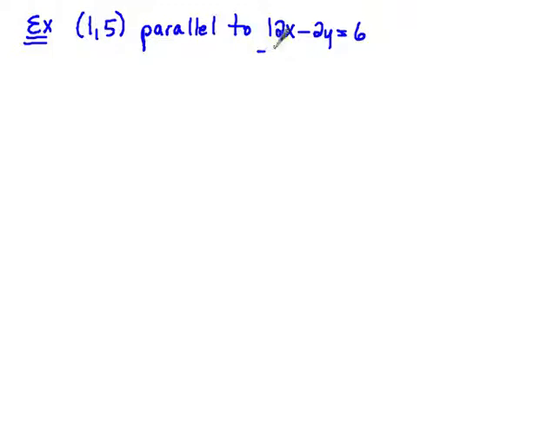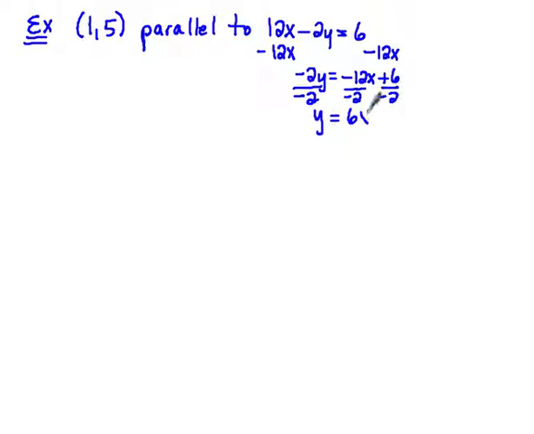So I'm going to solve for y by subtracting 12x from both sides, and I get -2y = -12x + 6. I'm going to divide everything by -2. So I get y = 6x - 3. The slope of this line is 6.